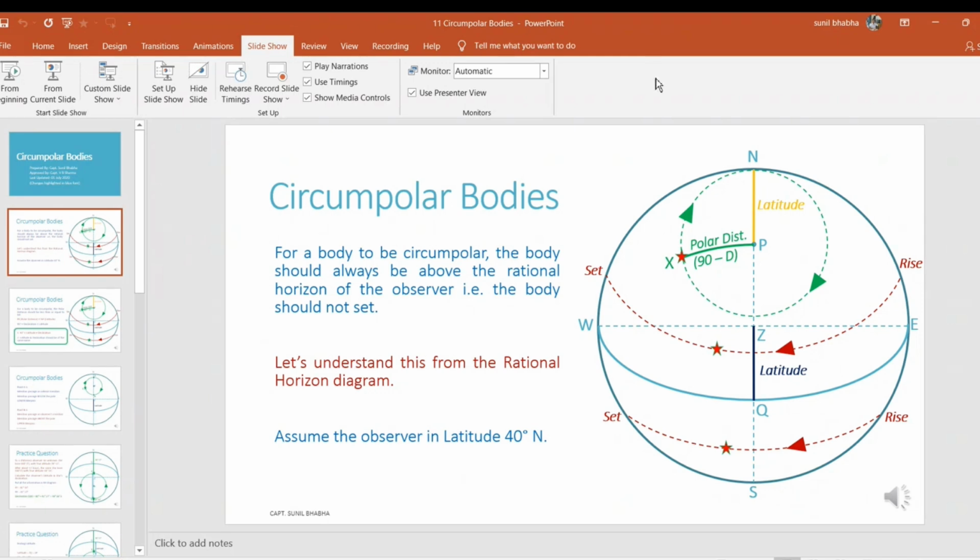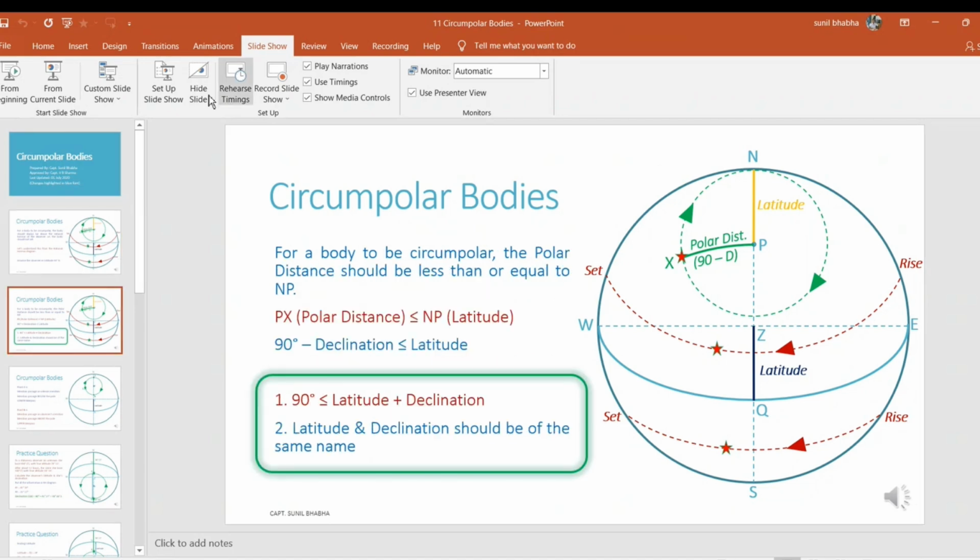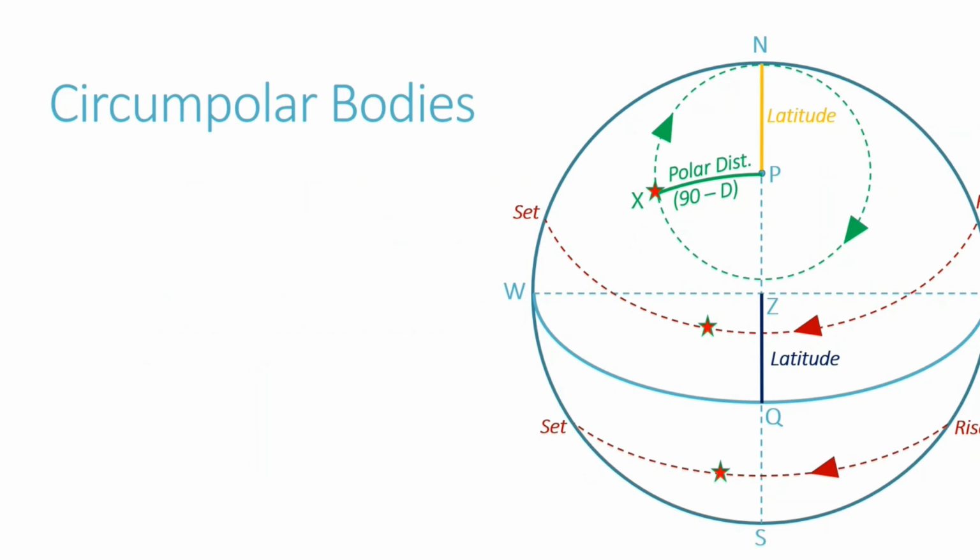Okay, let's proceed ahead now. We have seen that lat and dec should be of the same name for a body to be circumpolar. Now in this diagram, I have also shown the polar distance of the body.